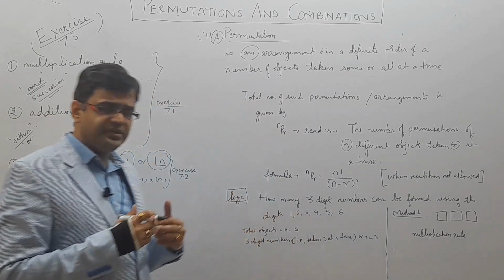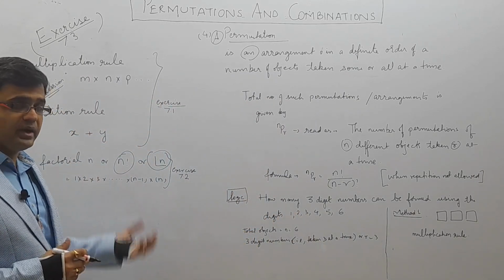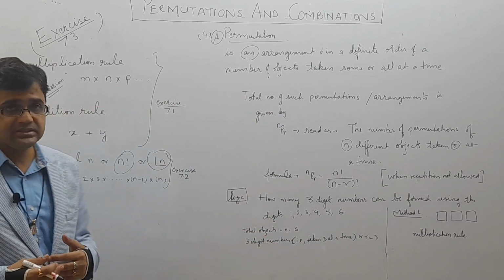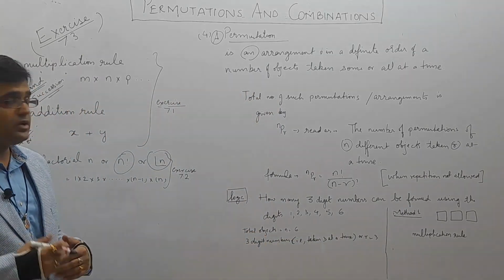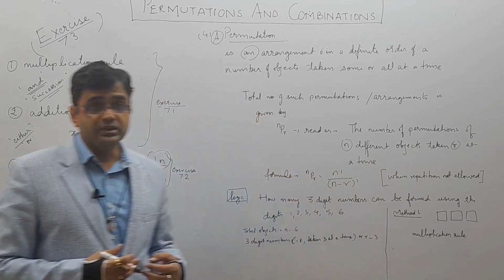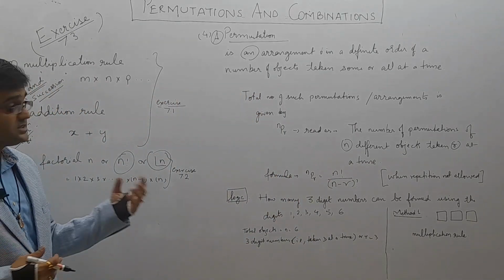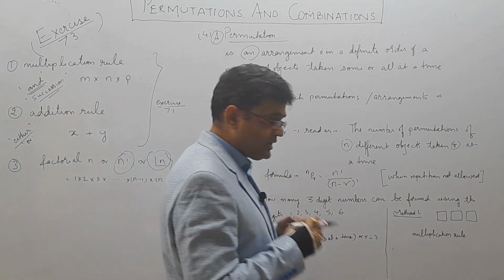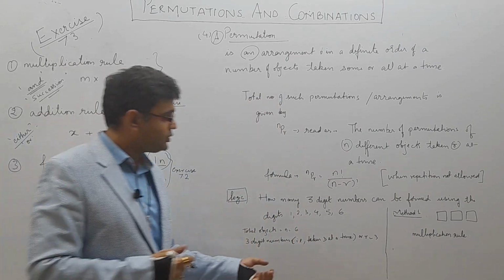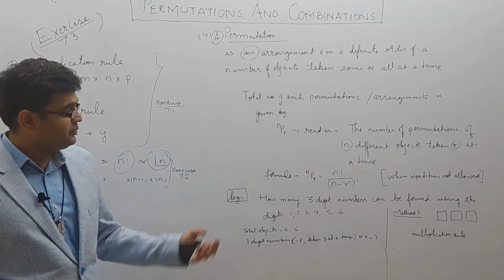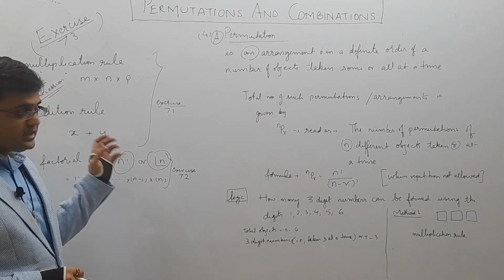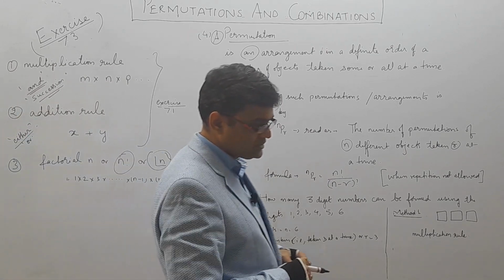Now permutation is based on the same multiplication rule, but there are certain variations in which we cannot apply the multiplication rule, and at that time we will know the real importance of the concept of permutations. But in order to understand the origin of this formula of permutation, we will have to go back to our concept of multiplication rule.